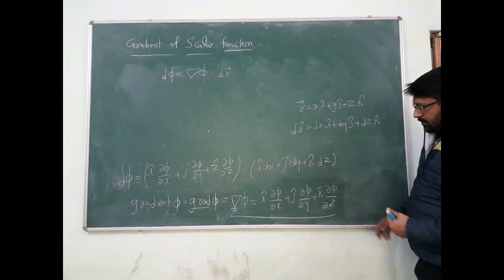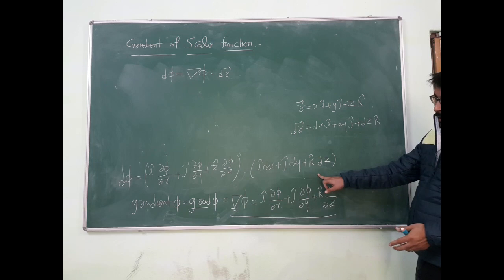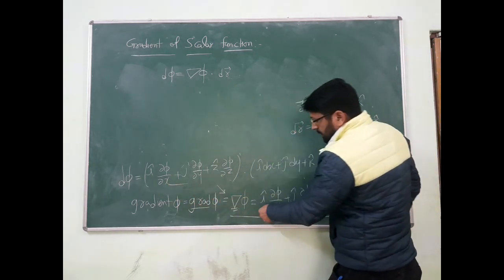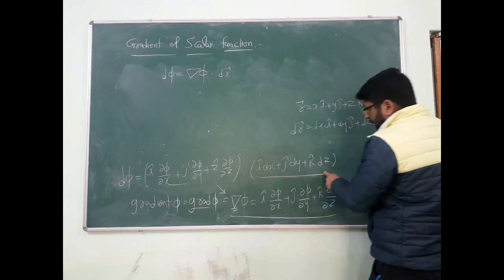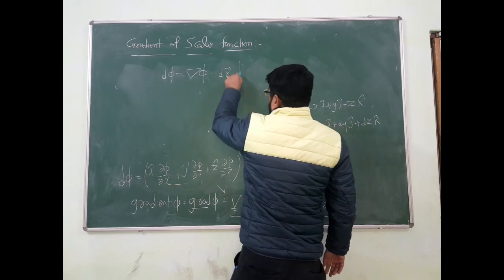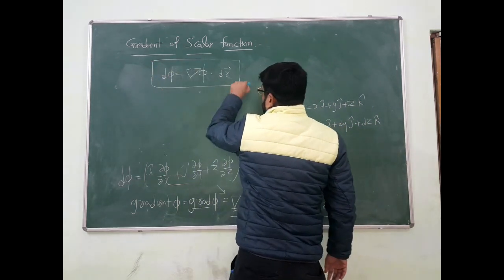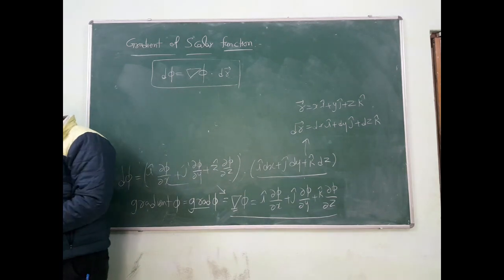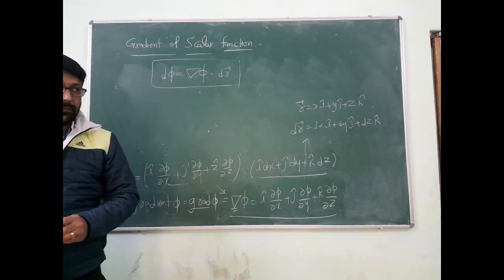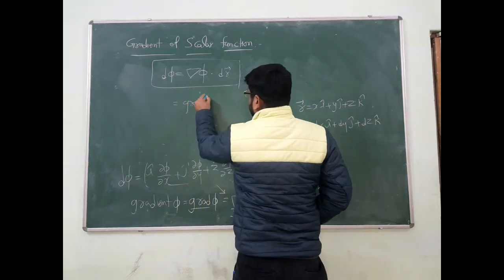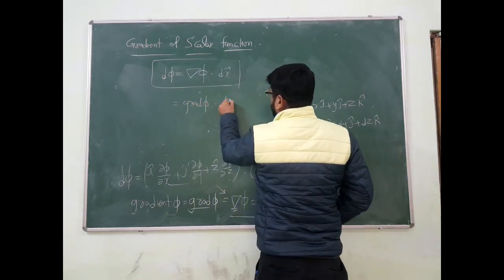From this, the first term is nothing but our del phi, and the second term is nothing but dr. So the total change in phi can be written as del phi dot dr, or grad phi dot dr.